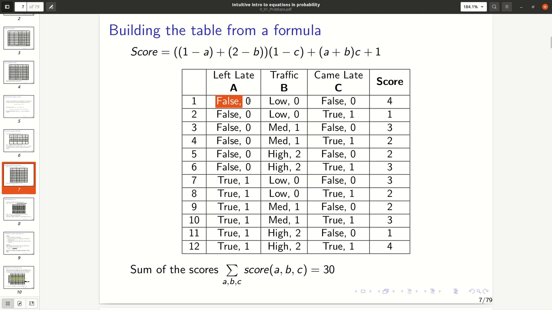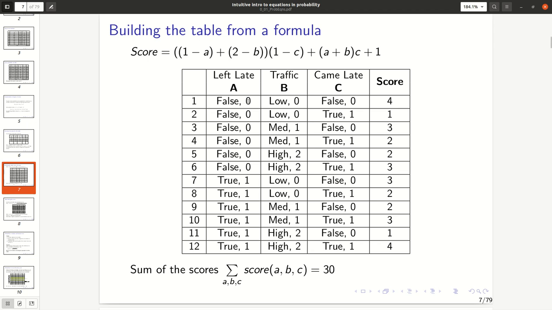Let's say false is represented by 0 and true by 1 in both a and c. What about the traffic variable b? Here let us represent low by 0, medium by 1, and high by 2.